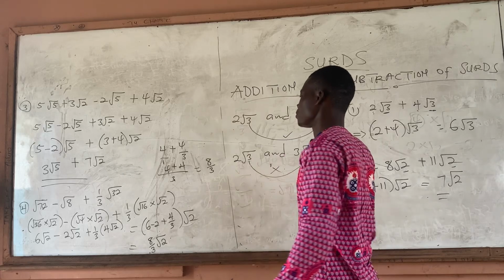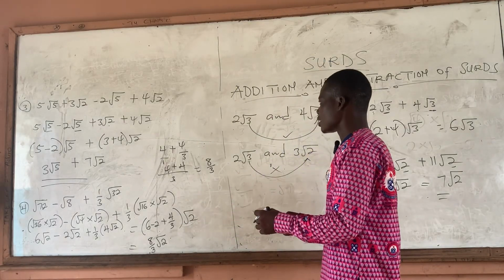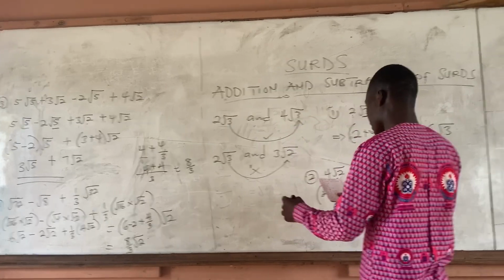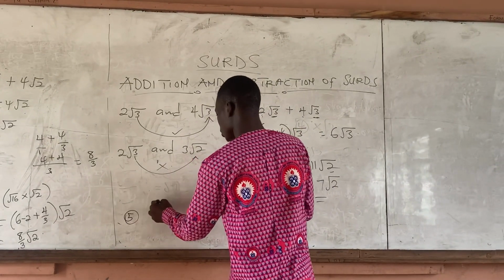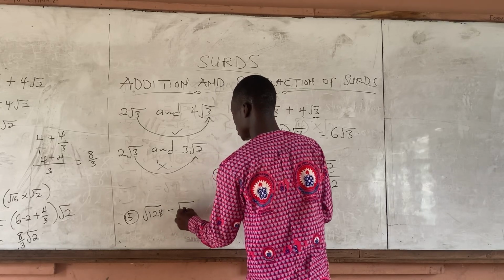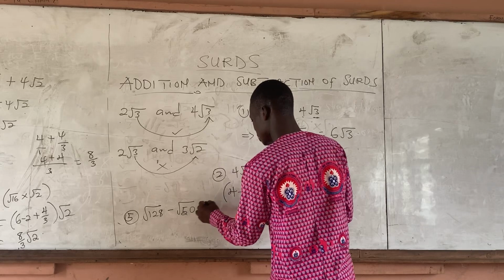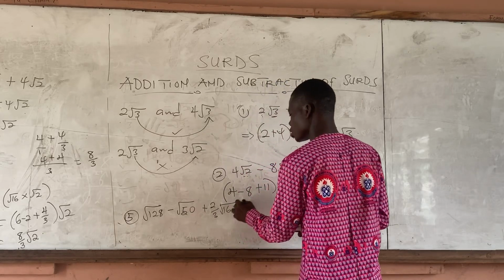The last question, example number 5, is root of 128 minus root of 50 plus 2/3 of root of 162.